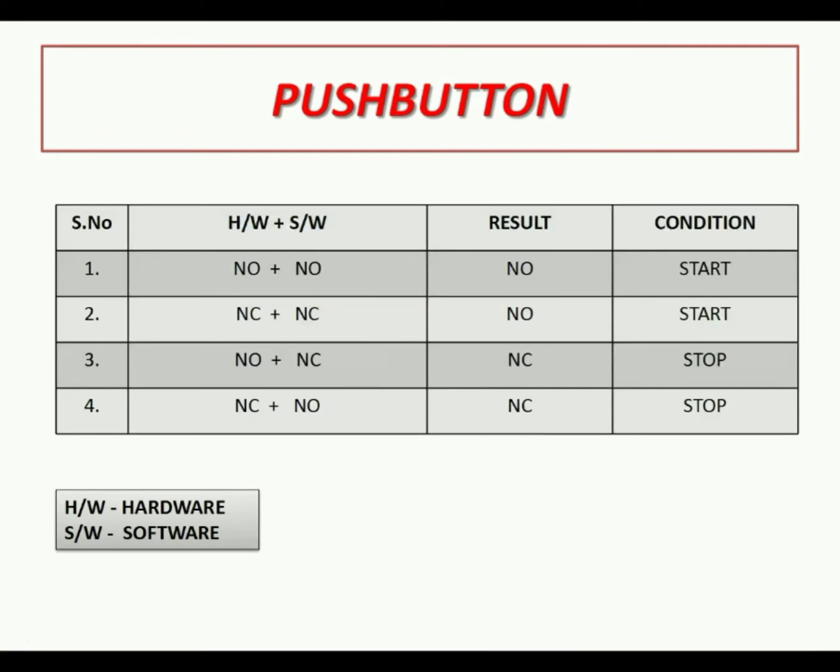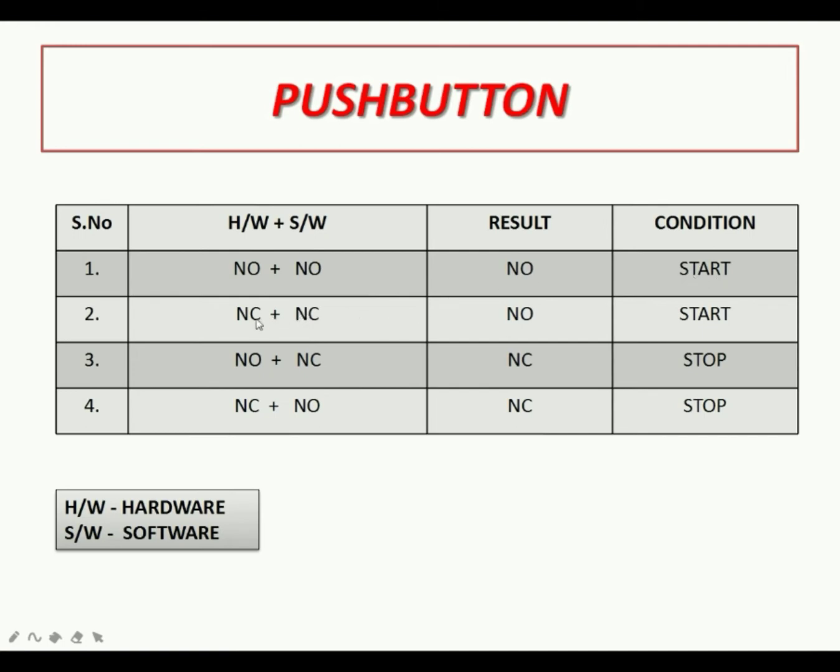Actually you can learn this from this slide. What is the logic? We need a result in the program, and the result can be obtained with a hardware and software combination. So when I have hardware in NO and software in NO, the combination makes a NO, and definitely NO is used to start.